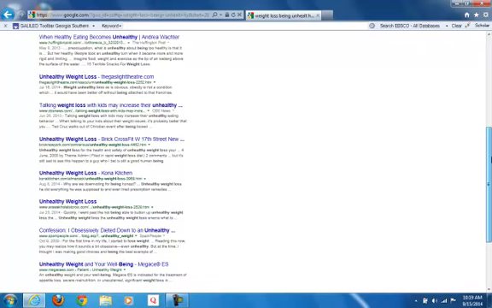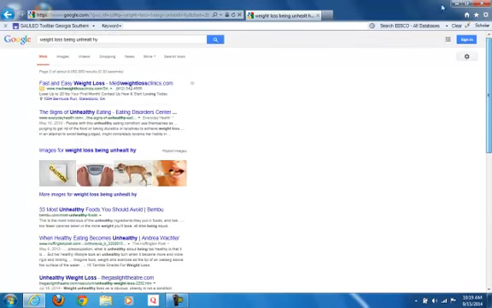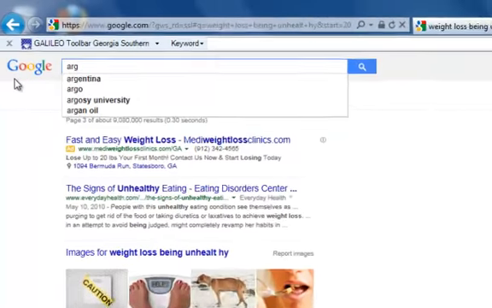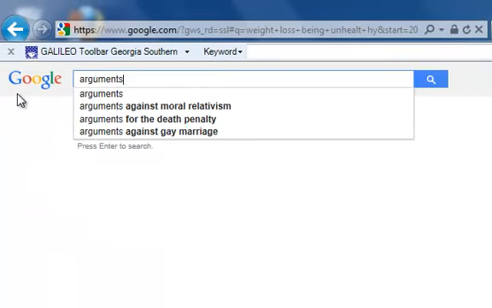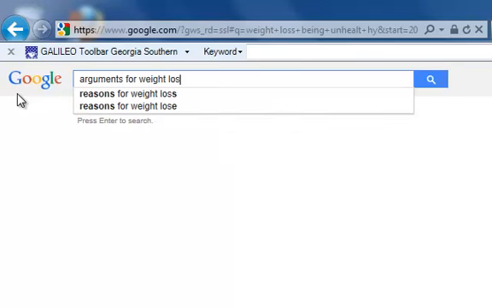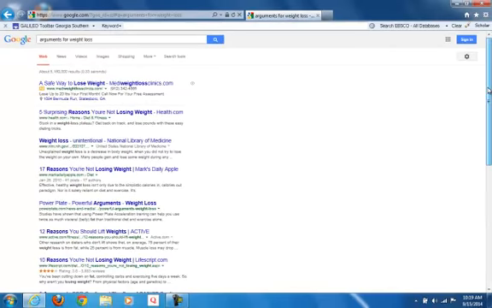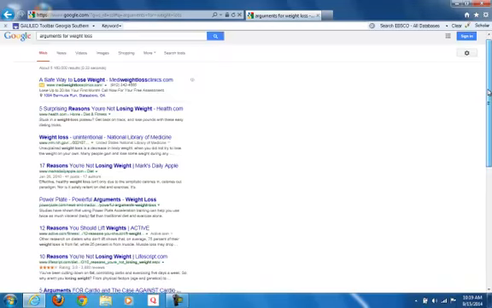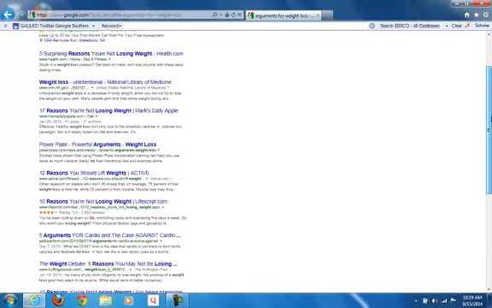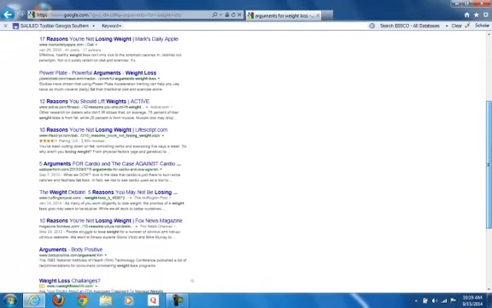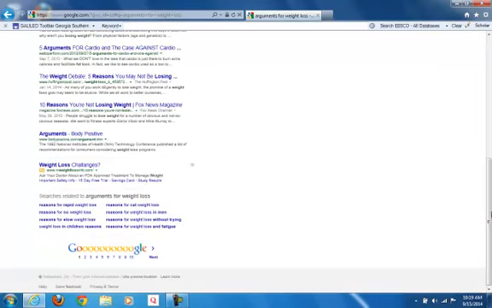Looking around for more topics, maybe I might type in arguments for weight loss. Look at the stuff, and I see a lot of .coms. I think everything on that page was .com.